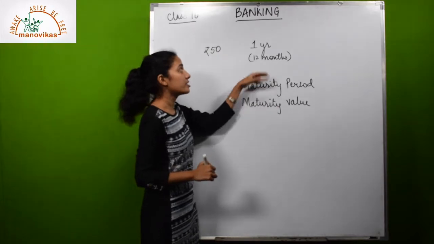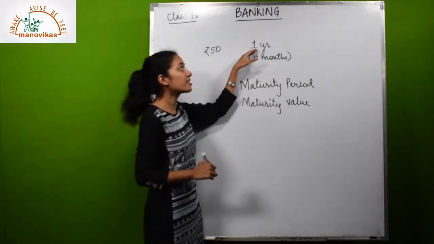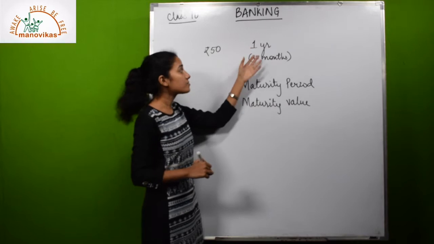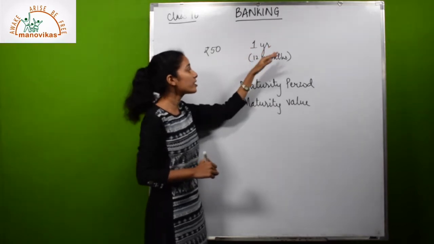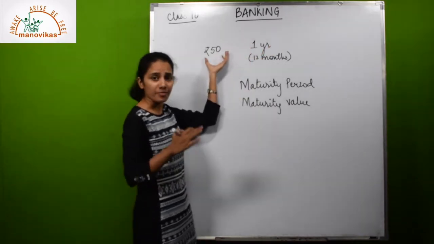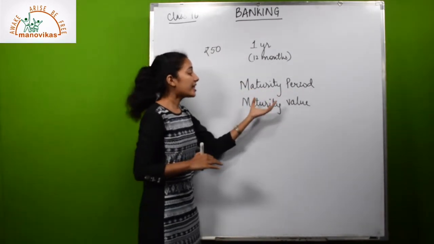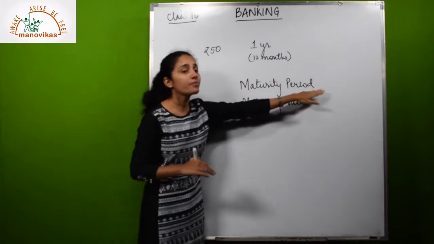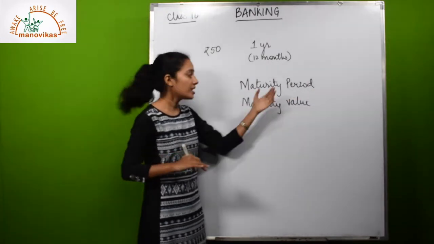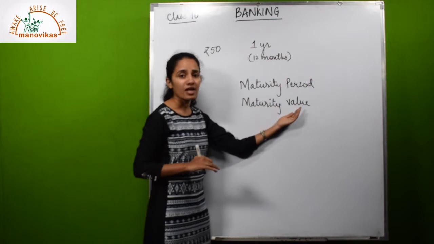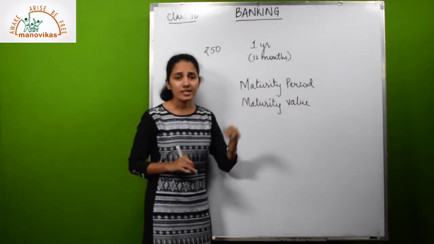So the time period here is considered to be 1 year. This is the time period after which you will get the total lump sum money with the interest, that is called the maturity period. And the amount that you are going to get after the maturity period with interest is said to be the maturity value.